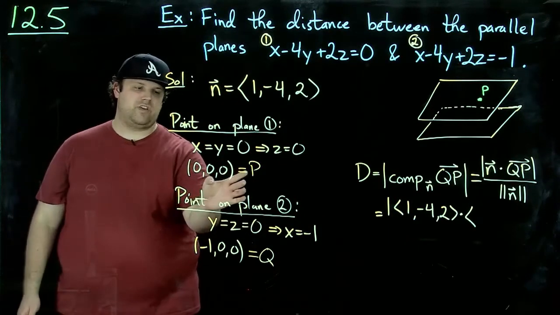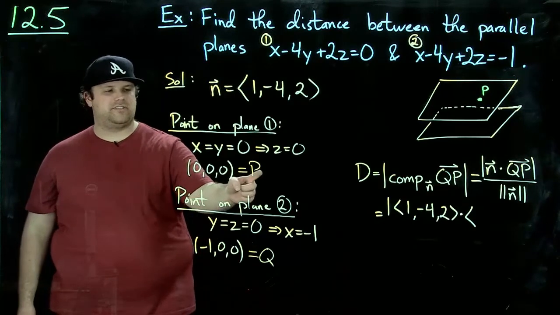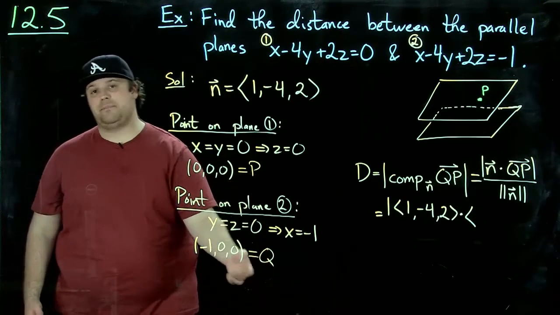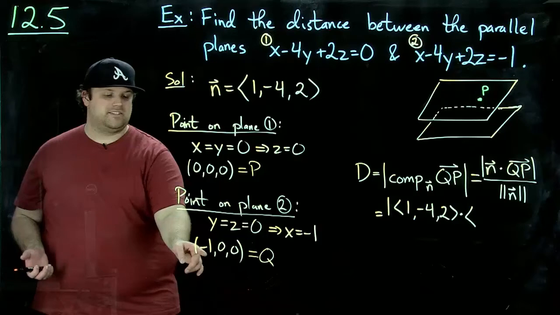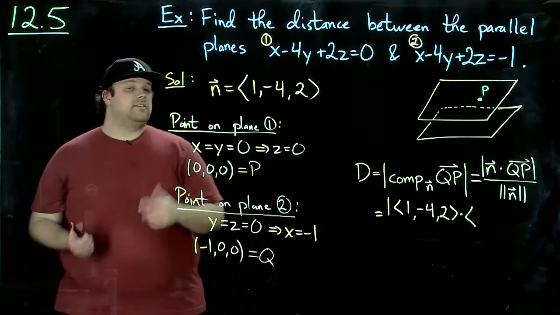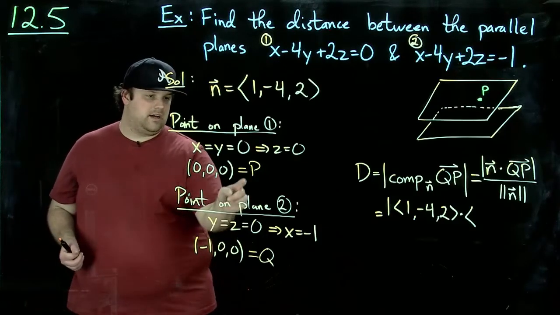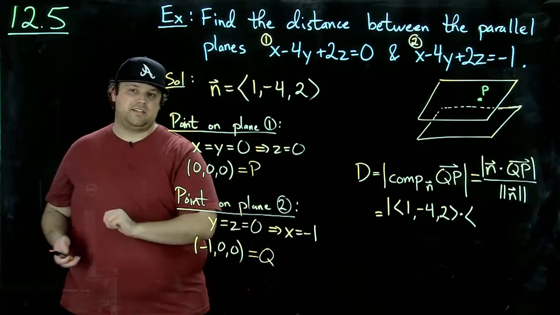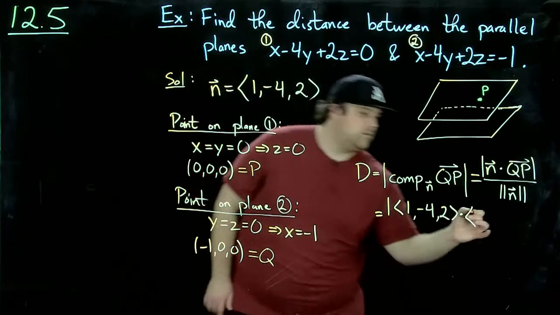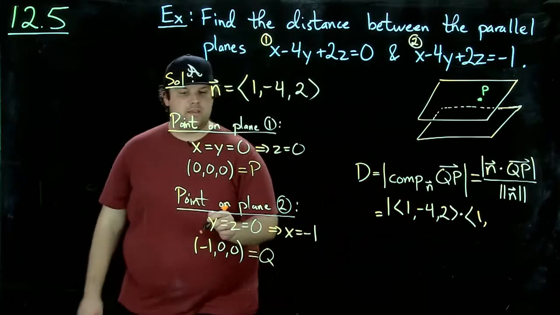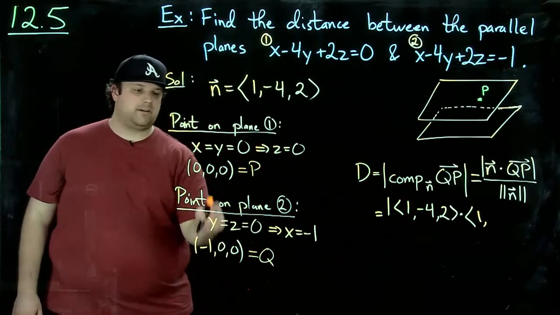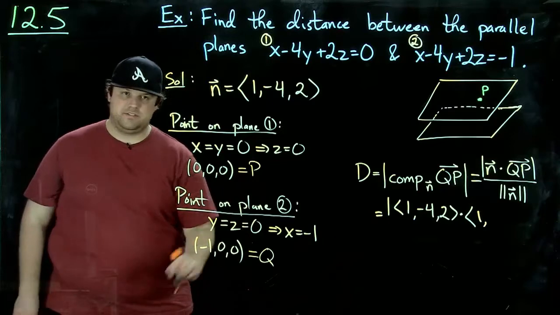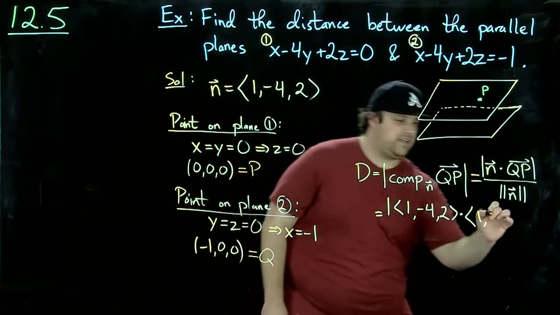So maybe it would have been a little wise to choose this one to be Q and this one to be P, but it's all good because the minus is going to go away now. So tip minus tail, here's the tip, here's the tail. So we're going to get 0 minus negative 1, so 1. 0 minus 0 is 0, and 0 minus 0 is 0. So that takes care of the j and k components.